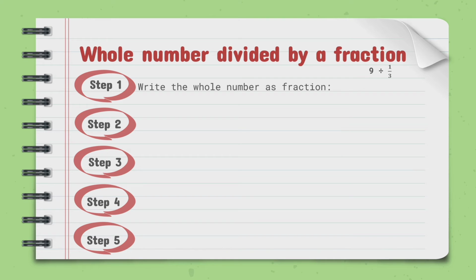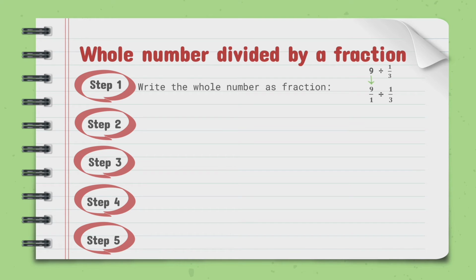A whole number, we can make it into a fraction by giving it 1 as a denominator. So from 9, it becomes 9 over 1, and then just copy the rest, divided by 1 over 3.